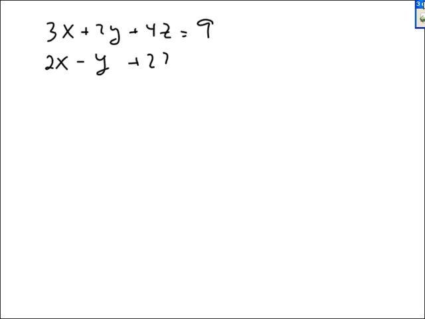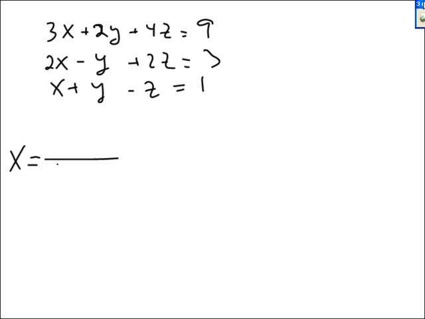All right, now let's suppose you have 3x plus 2y plus 4z is equal to 9, 2x minus y plus 2z is equal to 3, and x plus y minus z is 1. We're going to solve this system of equations using Cramer's rule. Well, this time we have 3 variables.